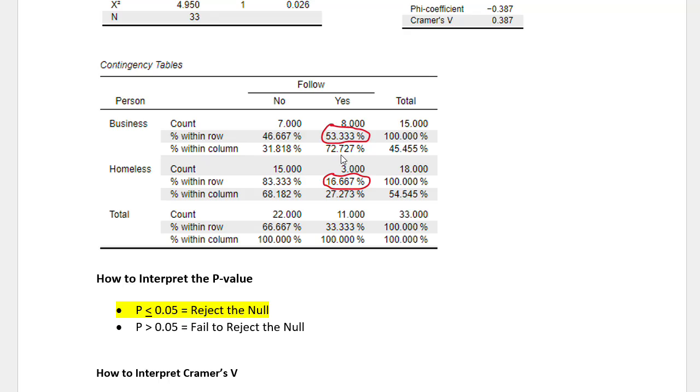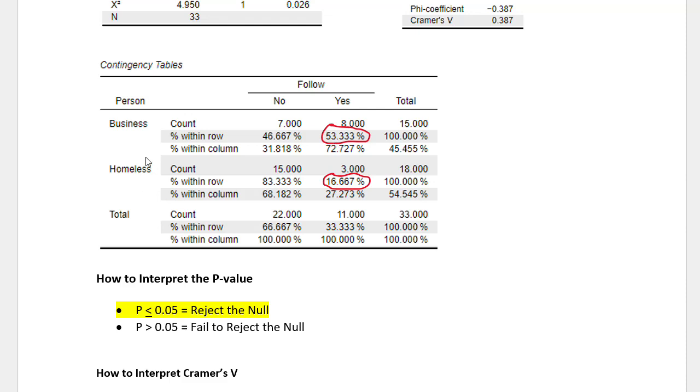And so what this is showing is how you were dressed. If you were dressed like a businessman, 53%, a little over half of the people, were likely to just follow that businessman right out into traffic, even if it wasn't necessarily the right thing to do.